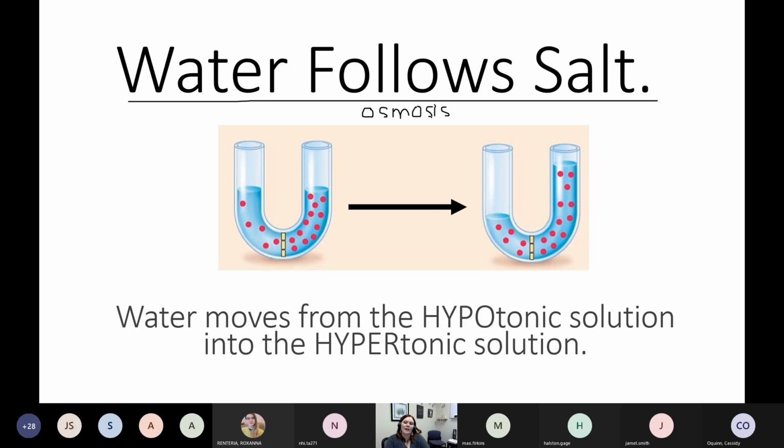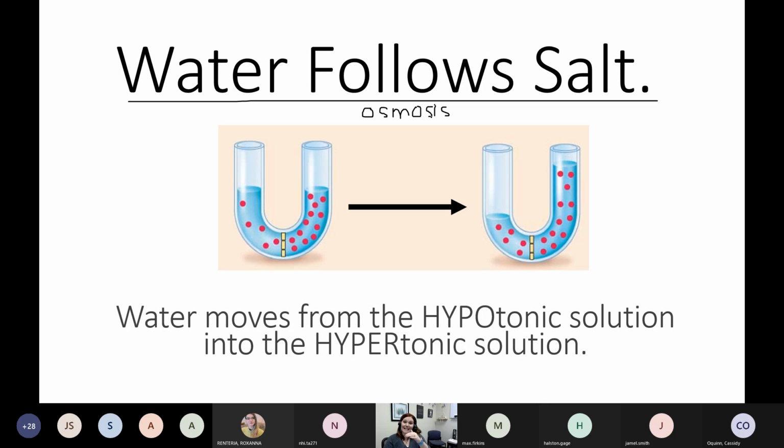Water is looking around in the tube that it's inside of, and it's saying, is there a lot of salt over here, or is there not a lot of salt over here? If water sees that there's not a lot of salt in the place where it's at, water is going to go find where there's more salt. So when we were looking at those red blood cells and the direction that the water was moving, if it was leaving our cell, it's because there was a higher concentration of salt outside the cell.